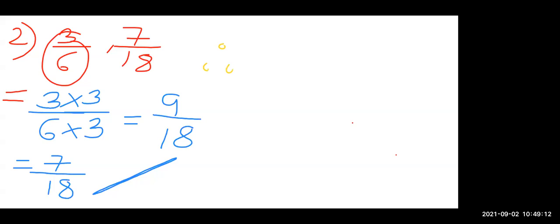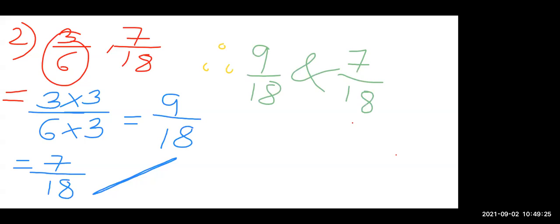So what will we write? Therefore, 9 upon 18 and 7 upon 18 are like fractions. Clear?